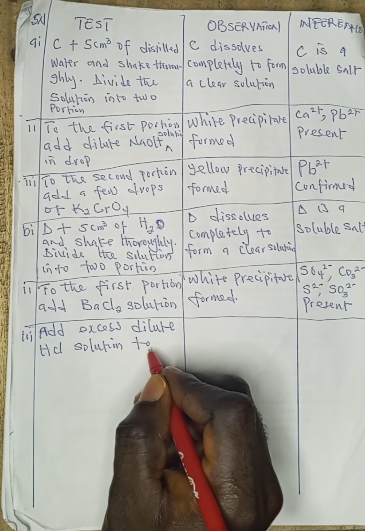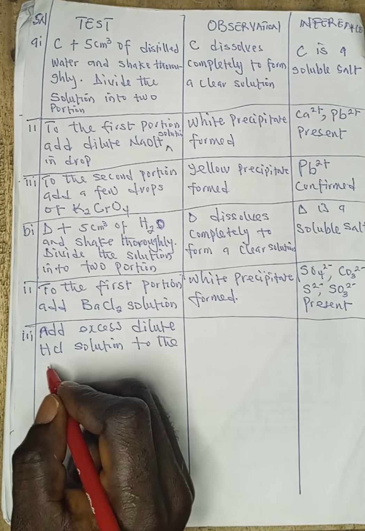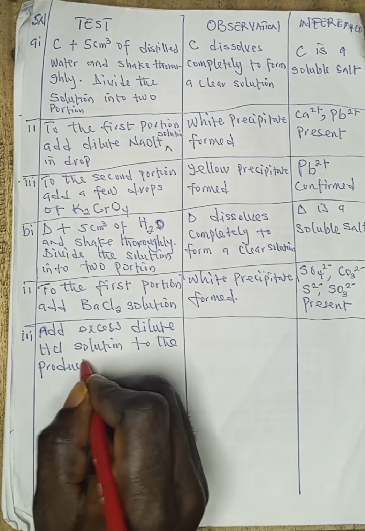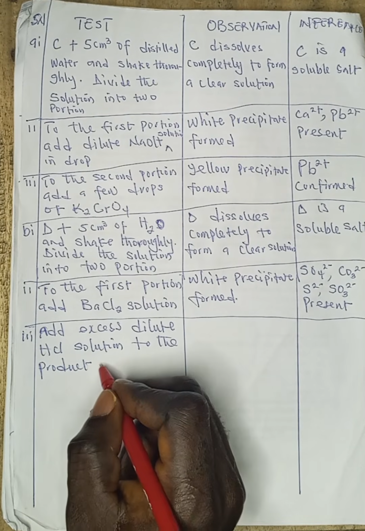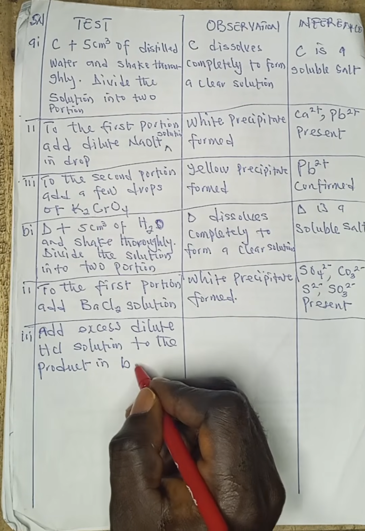Dilute HCl to what? To the product. To the product, is understood in B I I.